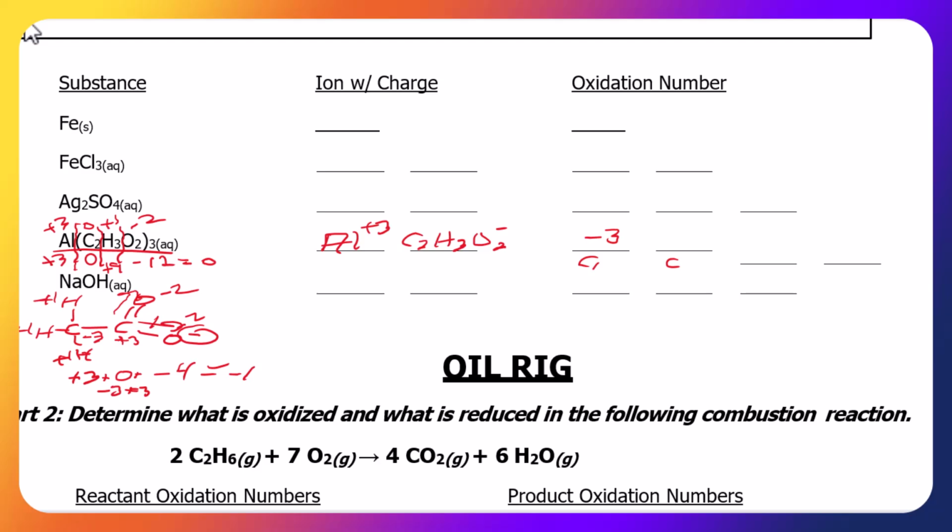And then carbon 2, because it's hooked up with 2 very electronegative oxygens, is a +3. On average, the oxidation state of both carbons is 0. For hydrogen, that's going to be +1. And then for oxygen, that's a -2, as usual for oxygen in compounds. Okay, we're just going to let that stand by itself.